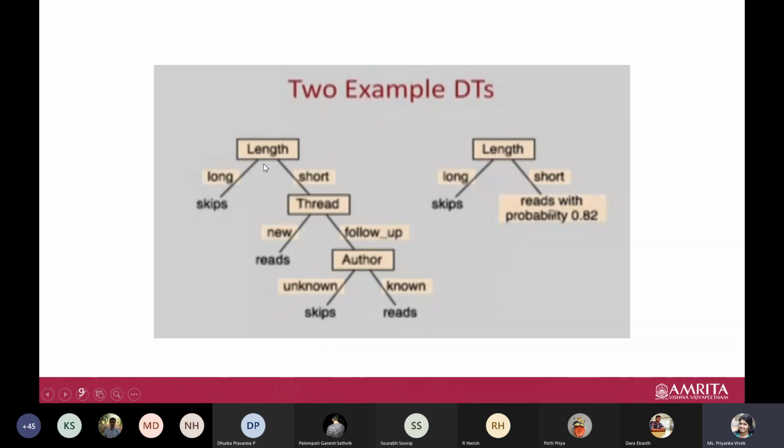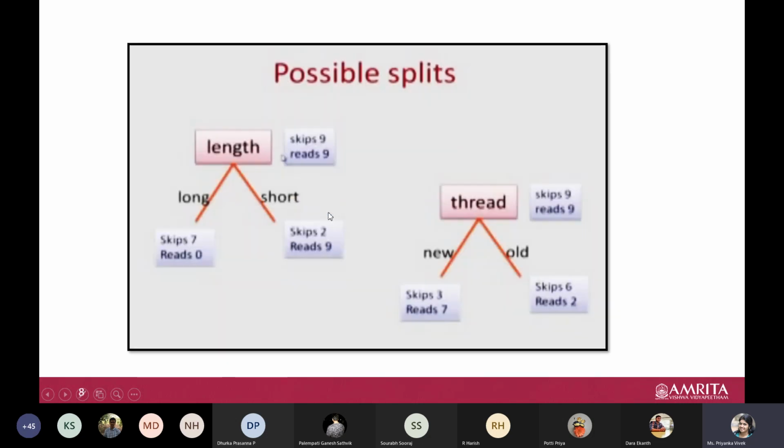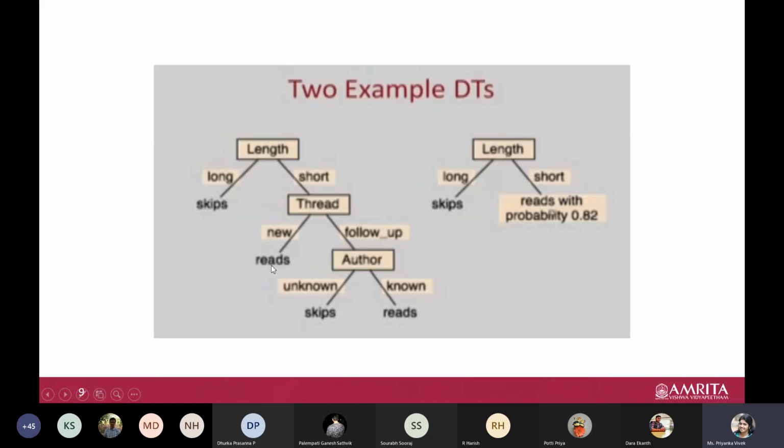Of course, when you take the left side, with the long value, everything goes to the same class. On the right side, with the short value, not all the instances belong to the same class, so we still split further. Again we split, and finally we reach the leaf node where each instance belongs to a particular class.